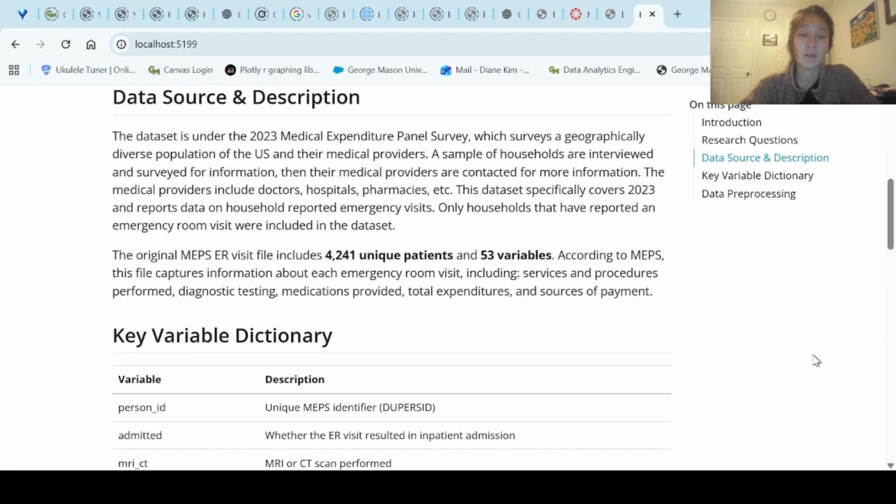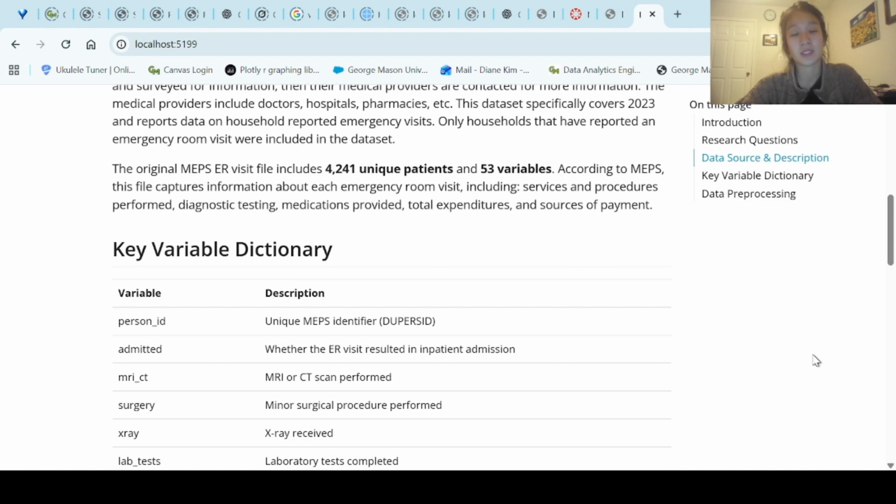So, kind of looking into the data, the data is from the Medical Expenditure Panel Survey. It surveys a diverse population in the U.S. Not only does it survey the patients, but also their medical providers, such as doctors, hospitals, and pharmacies. And only emergency room visits data was included in the data set.